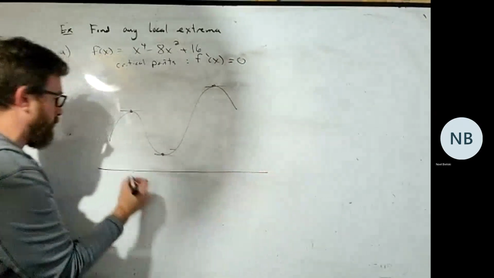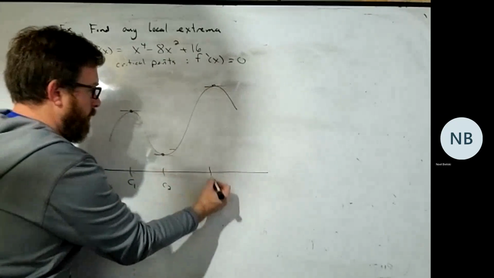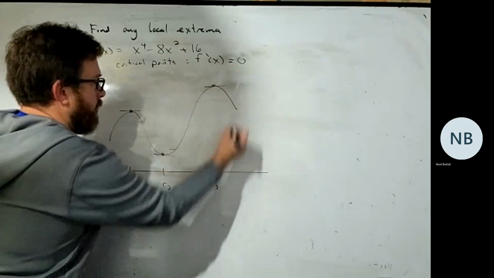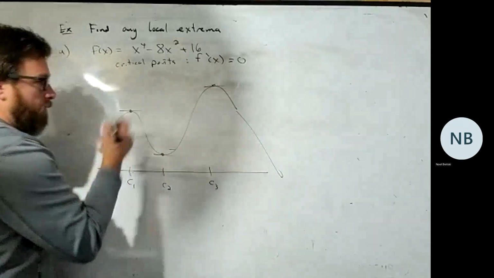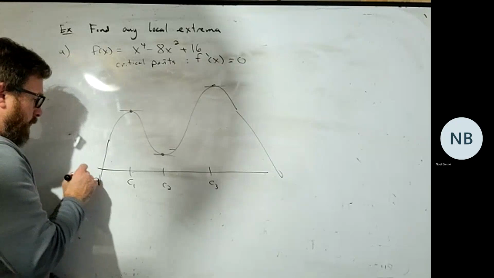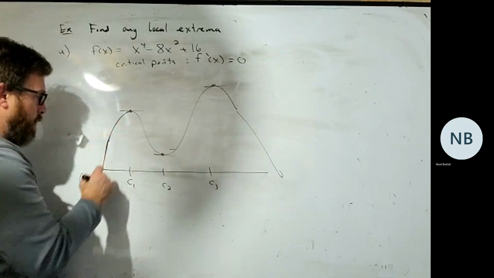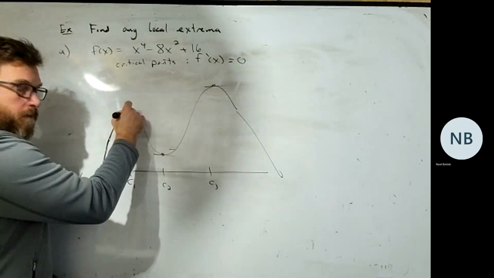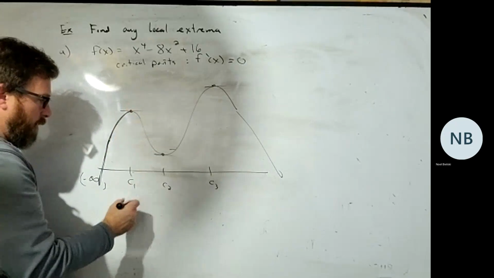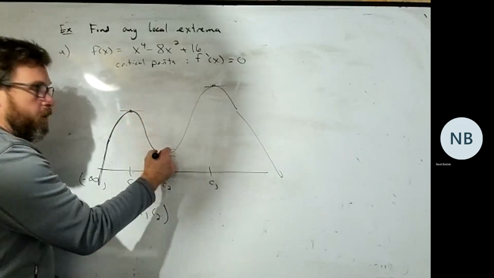Say this is your first critical point, this is your second critical point, this is your third critical point, and then let's say it just continues forever in this direction. Notice that from minus infinity to this first critical point, this function is always increasing. It's always going uphill. From C1 to C2, this function is always decreasing.